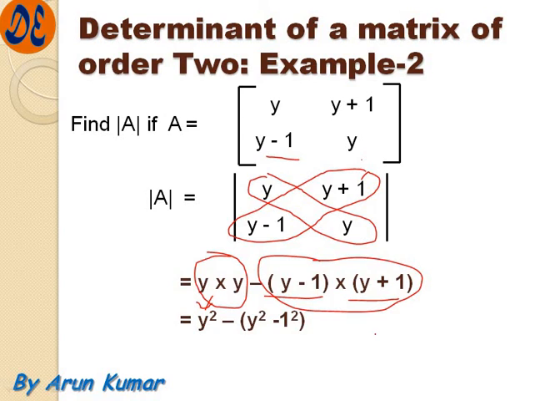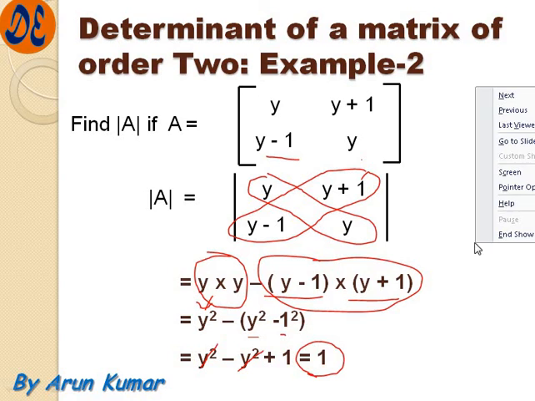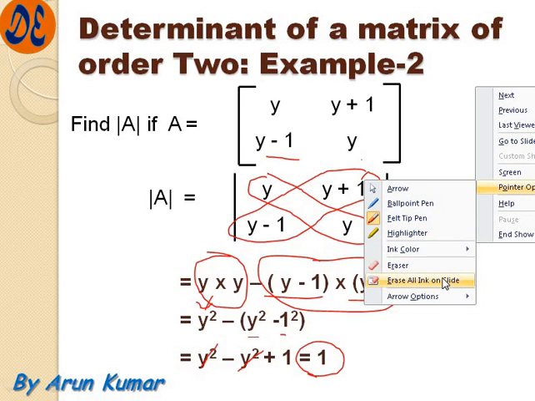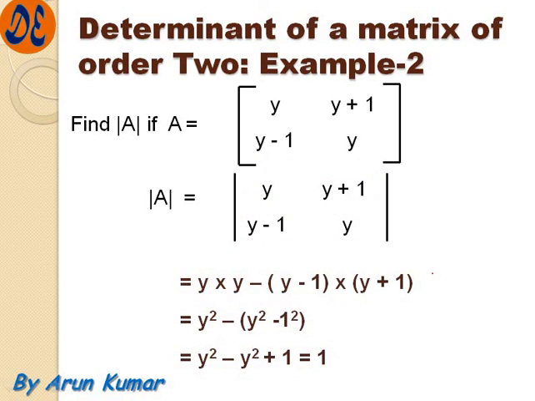So the result is a square minus b square. So here it is y square minus b square. Now if we simplify, both terms cancel and the result will be a non-zero value. So again there is only one solution for that particular pair of linear equations which this matrix represents.